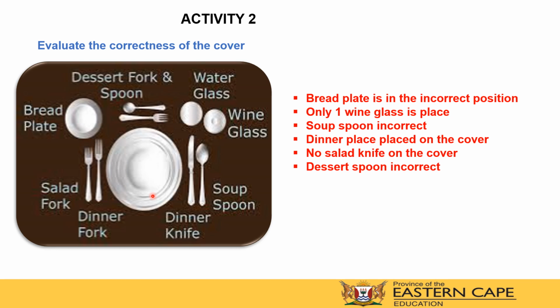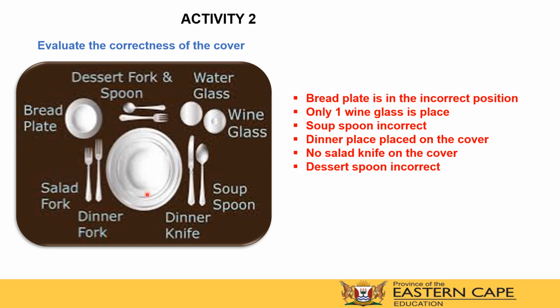That means that the dishes are going to come from the kitchen already plated, so there is no need for the dinner plate on the cover. Here it should be replaced by the napkin. So the napkin, you can also add, is not on the cover.